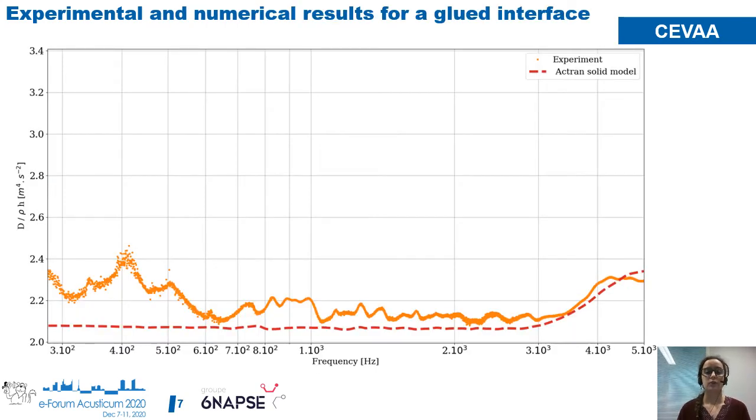Experimental and numerical results of the foam glued to the steel plate are compared. The graph presents the rigidity divided by the mass per unit area as a function of the frequency. The orange dot curve corresponds to the experimental values, and the red dashed curve is the solid model made on Actran software.